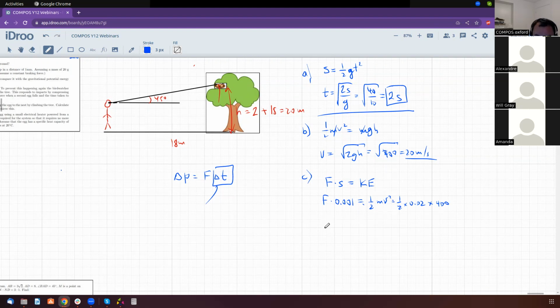So the force is 0.01 times 400 divided by 0.001. That's 4,000 newtons. That's a big force. 4,000 newtons.